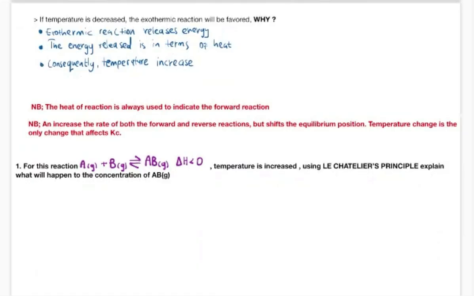So releasing energy is producing heat. When you produce heat, consequently, the temperature will increase. So we decrease the temperature, the system on its own increases the temperature. That's Le Chatelier's principle. The system in a closed system will always favor the reaction that opposes the change.